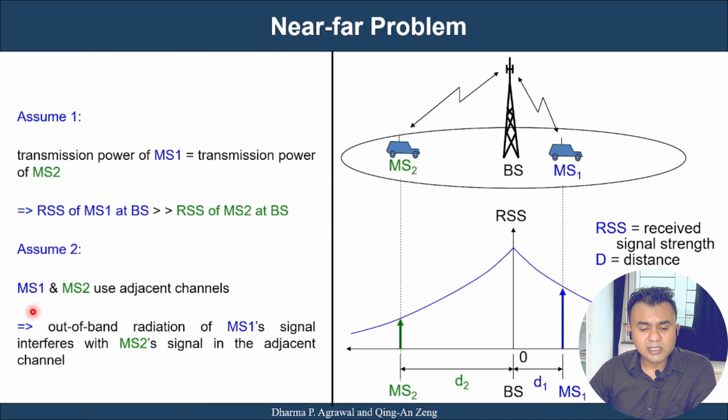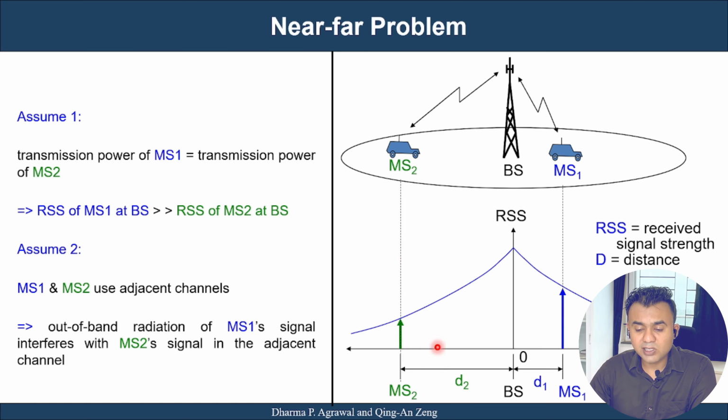The second assumption is that mobile station 1 and mobile station 2 use adjacent channels. That means the out of band radiation of mobile station 1 will interfere with the signal of mobile station 2.